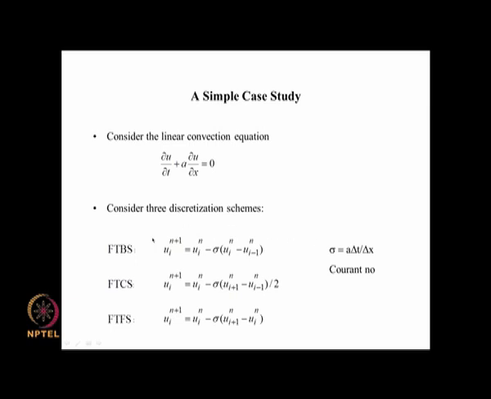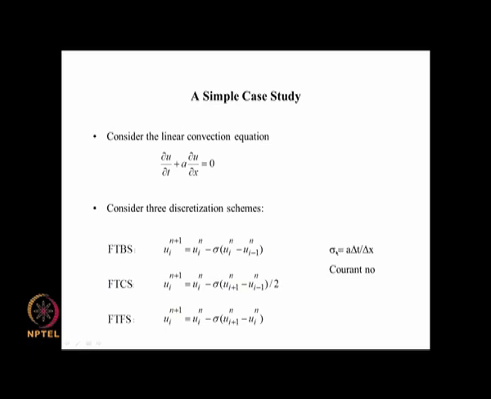So, what we can do in any kind of programming platform, or even in Excel, or even by hand, is fix a value of delta x, fix a value of delta t, and fix a value of a here.